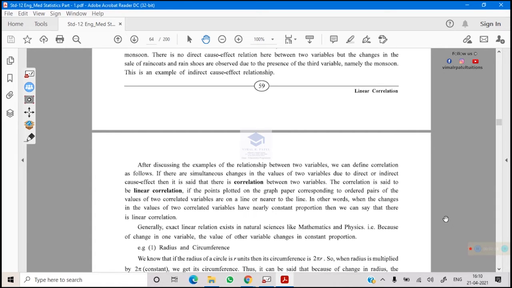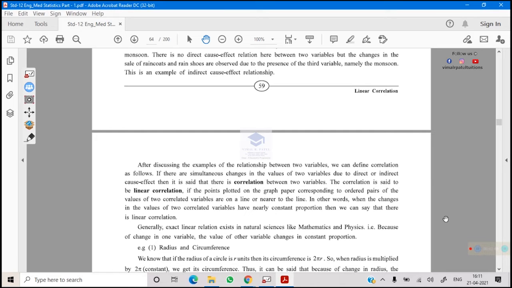These changes may be in the same direction or in the opposite direction. If one variable increases, the other will decrease, or if one decreases, the other will increase, or if one increases, the other will also increase, and if one decreases, the other will also decrease. The change may be in the same direction or in the opposite direction.